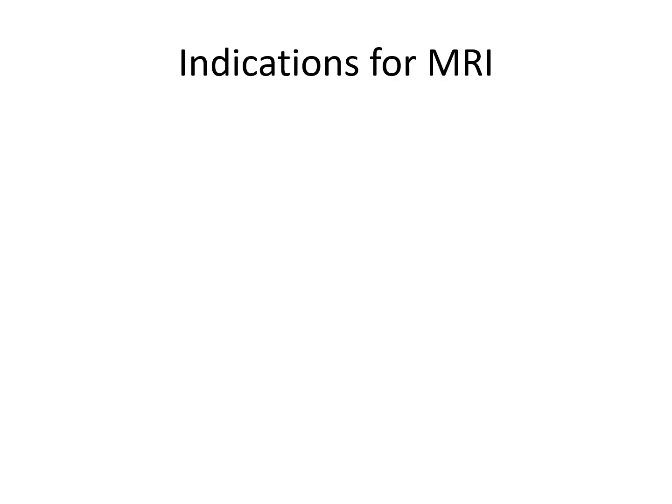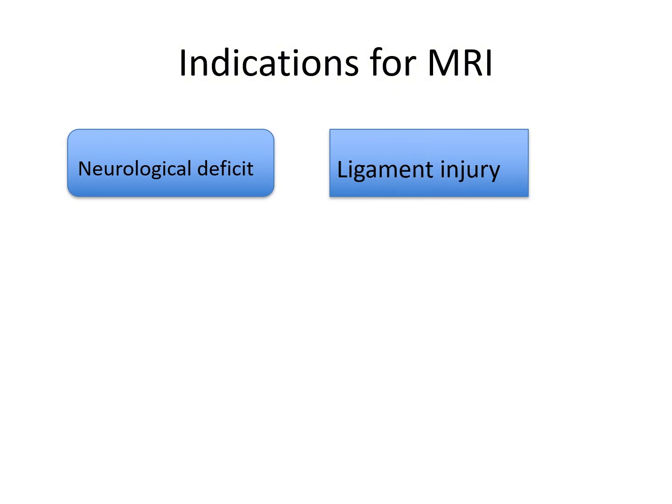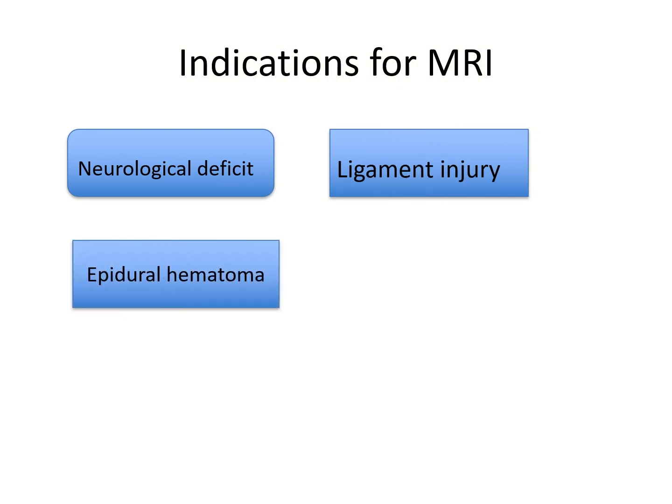Now indications for MRI. The first one is neurological deficit. Second is suspected ligament injury, suspected epidural hematoma, and SCIWORA, that is spinal cord injury without radiographic abnormality. That refers to the clinician diagnosing spinal cord dysfunction after trauma despite normal X-ray and CT.